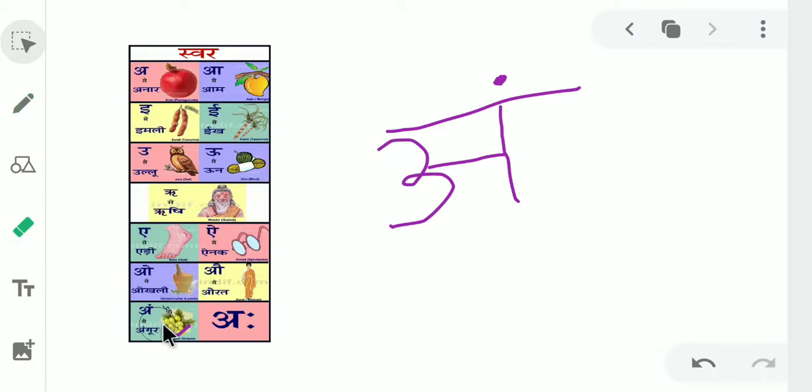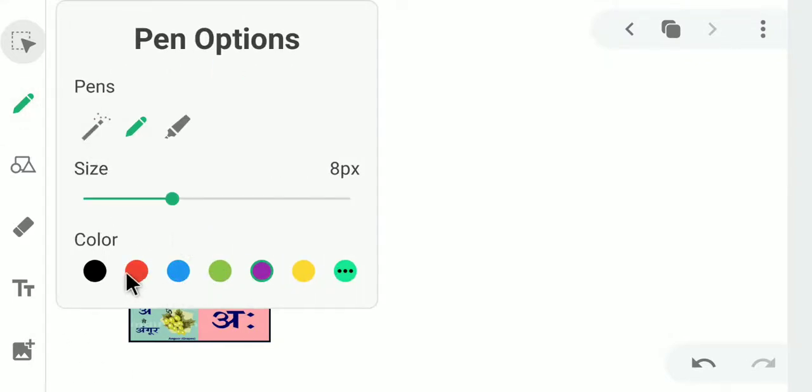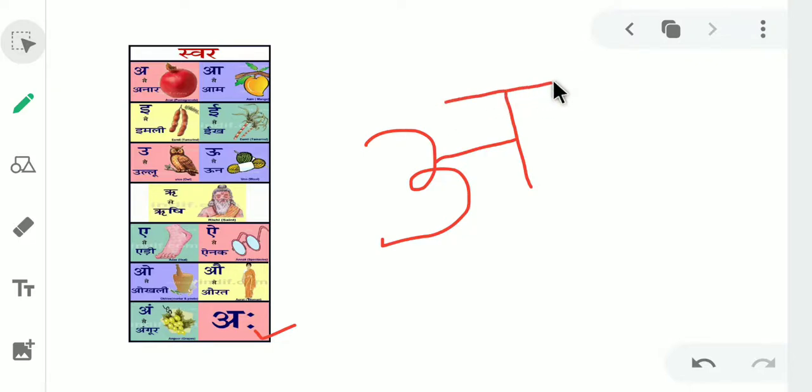So please note it. Now I'm going to write ah. You can write it like this, and two dots like this. Okay, so this is ah.